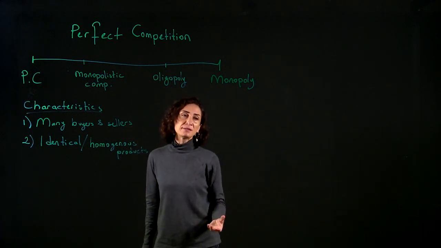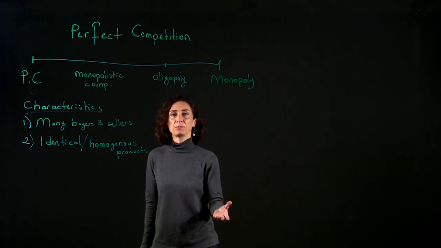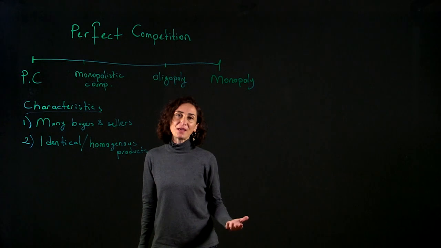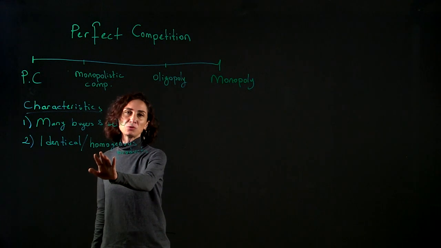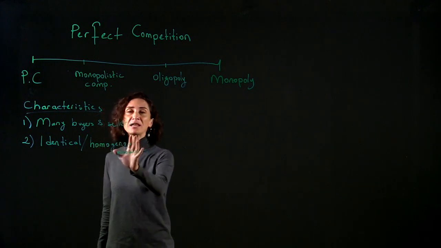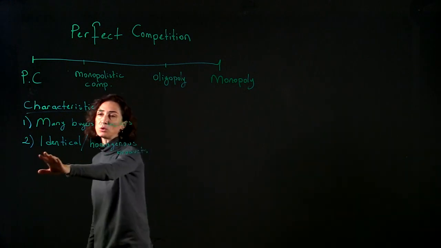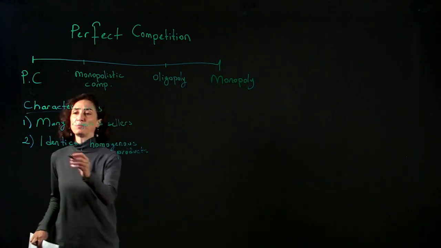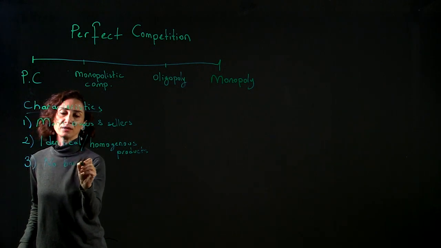There are different types of wheat, but if we are talking about a specific type of wheat produced by hundreds of farmers, they would probably be the same. So with raw materials or agricultural products, sometimes you can find these characteristics. But as I said again, we will start with these assumptions and then we will move on to other more realistic cases. Now, lastly, the third characteristic of perfectly competitive markets, there are no barriers to entry.